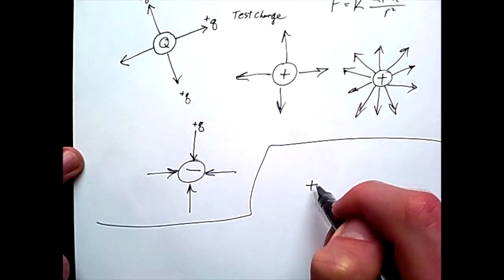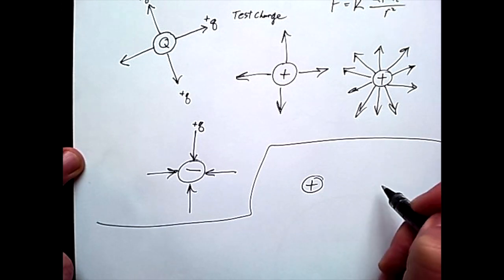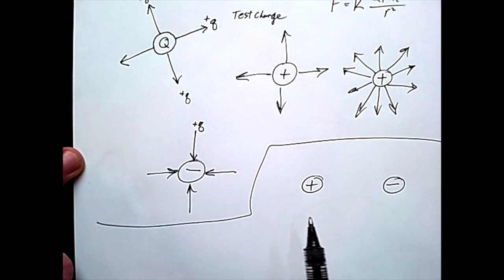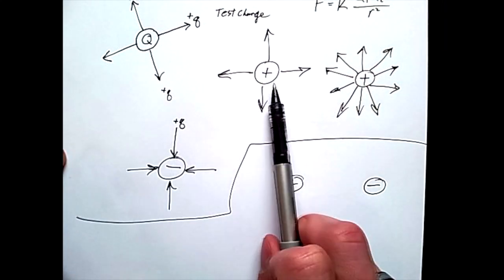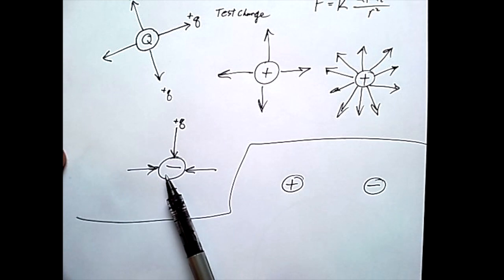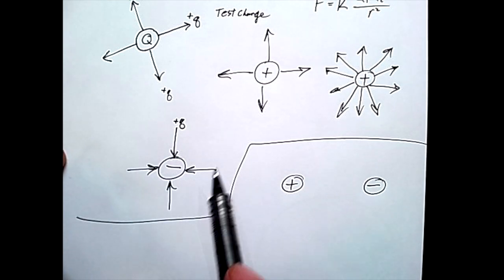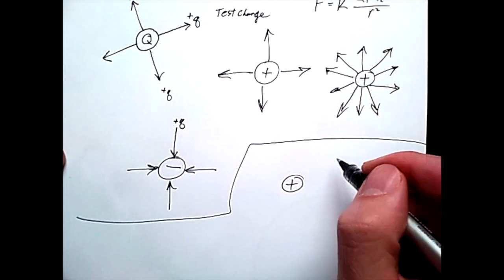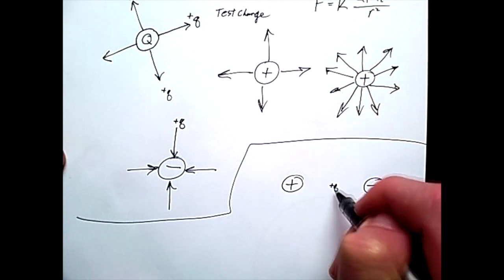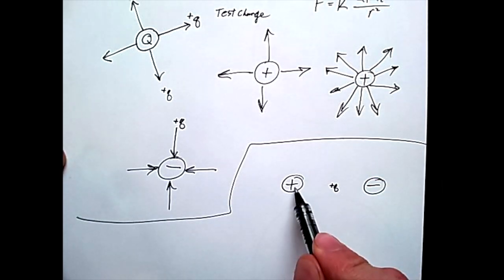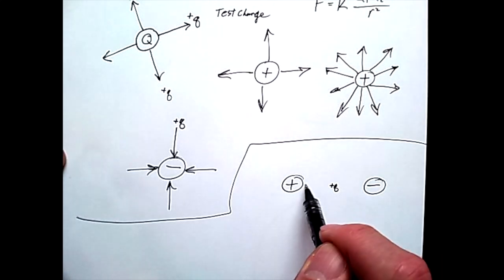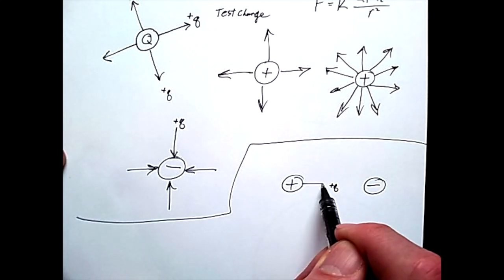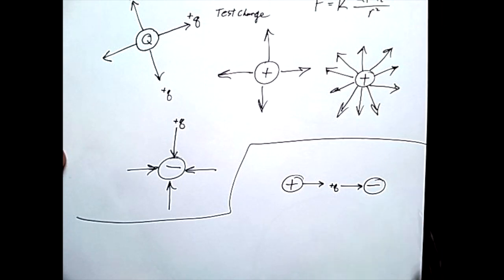So if we put a positive Q here and a negative Q here, assuming that these are two charges in similar space, we would combine the line diagrams. Now, what we have to keep in mind is that a test charge that would be placed somewhere, say here, positive Q, would be repelled from this charge and attracted to this charge, which means that the force would be this direction no matter what, right?